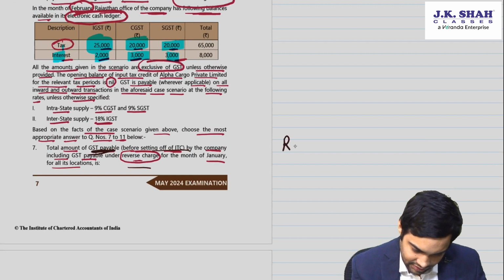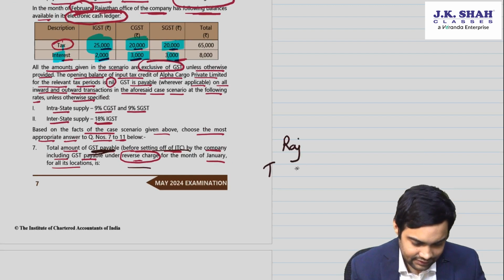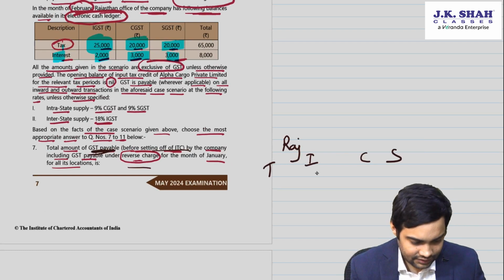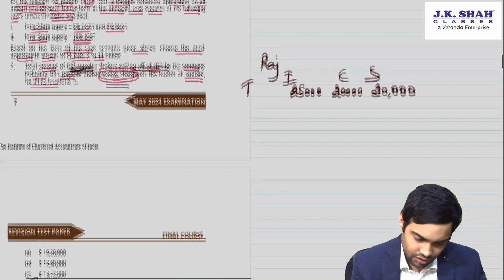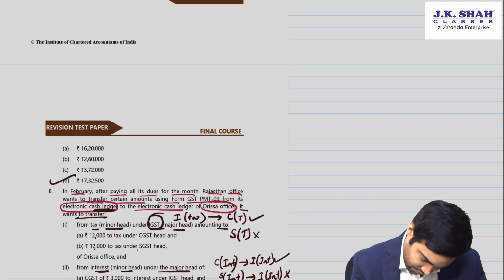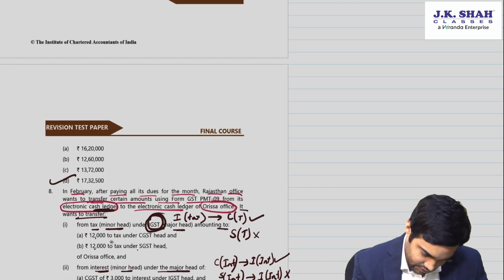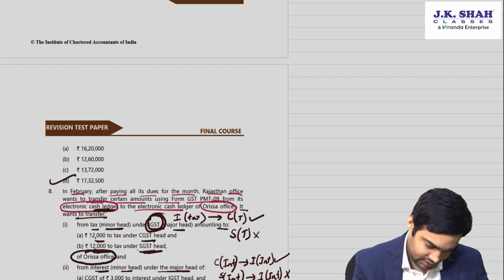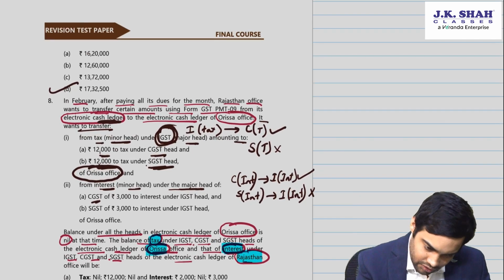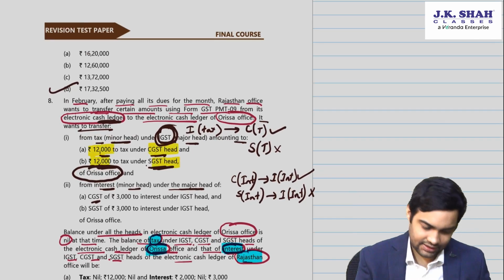So Rajasthan tax is 25,000, 20,000, 20,000. Now you want to transfer from IGST 12,000 to CGST and 12,000 to SGST of Orissa office. You want to transfer 12 to CGST head and 12 to SGST head.